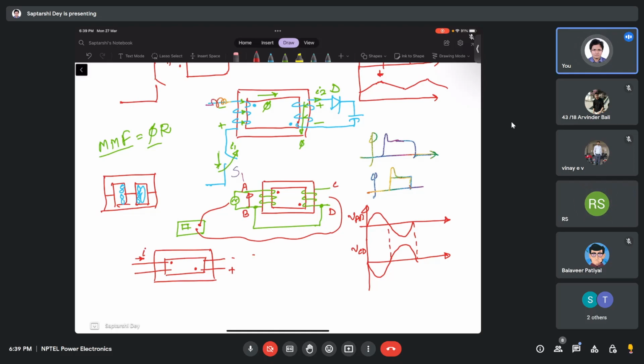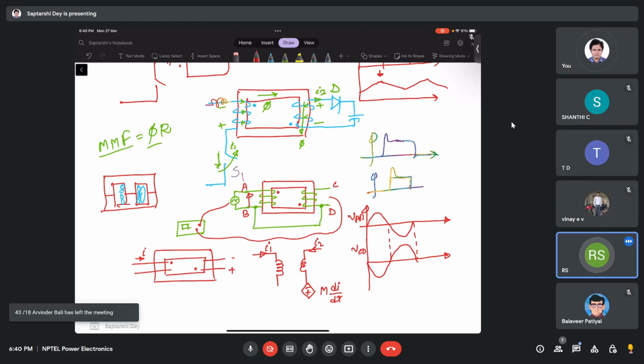That means that if you now draw the equivalent circuit of the transformer without considering the coupling, say if I have the dot on the lower side and if this is I1, then it will be this polarity, M di1/dt, and if this is I2, it will be in this fashion.